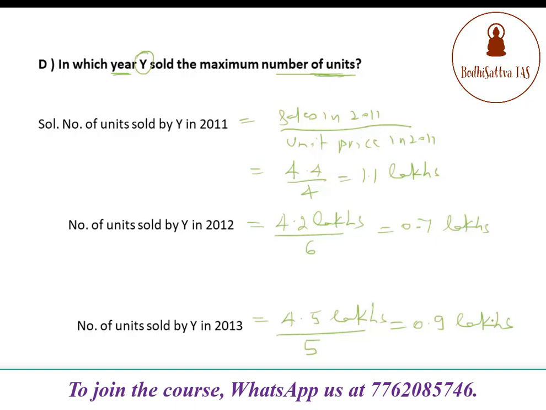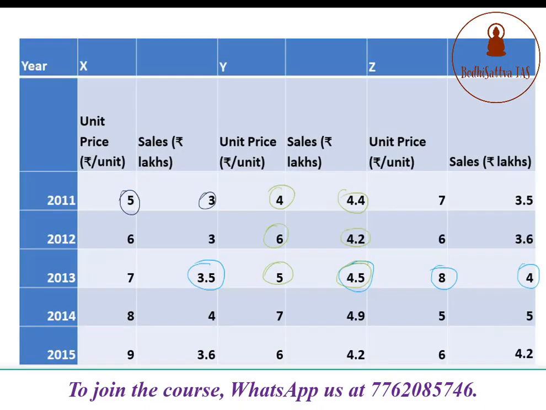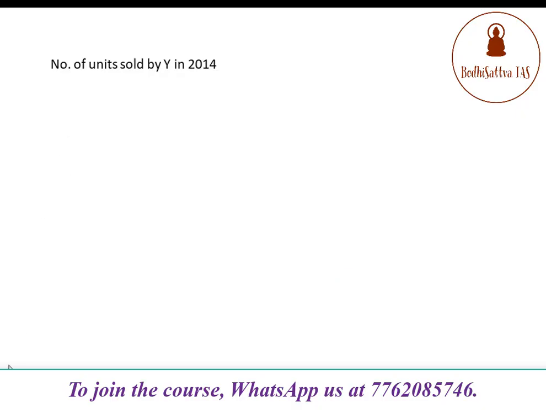Similarly, in 2014, if we see the table for company Y, 4.9 lakh sales was done, unit price was 7. So 4.9 lakhs divided by 7, so it will be 0.7 lakhs.